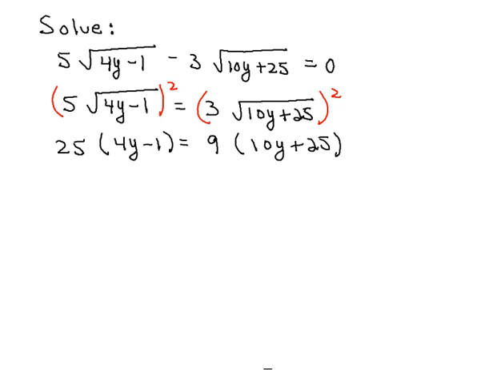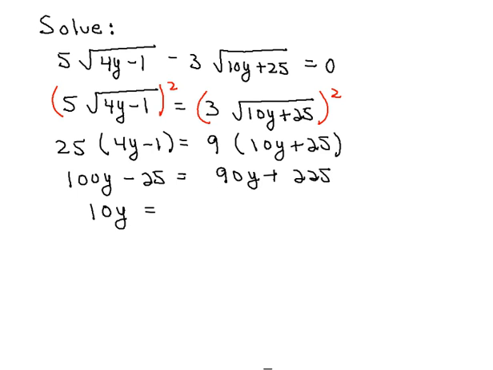So now we'll continue in the usual way. So we'll distribute on the left-hand side the 25. So we'll have then 100y minus 25. And on the right-hand side, distributing the 9, we're going to have 90y plus 225. So moving the 90y to the left-hand side, we will have 10y.